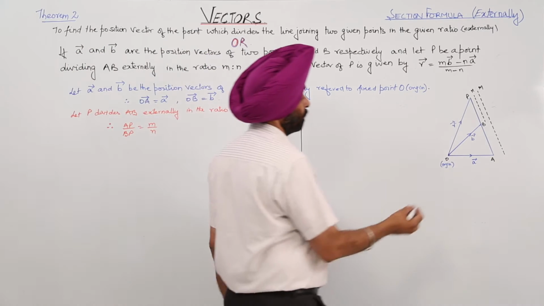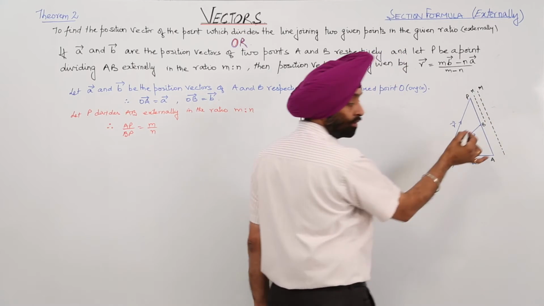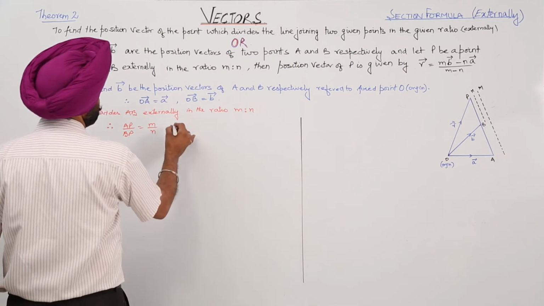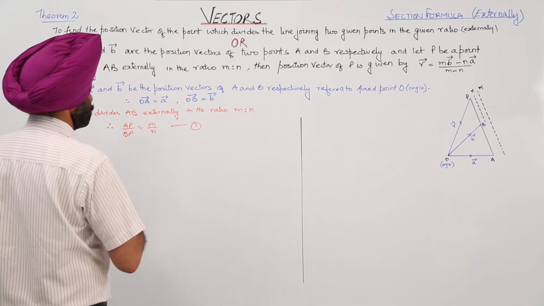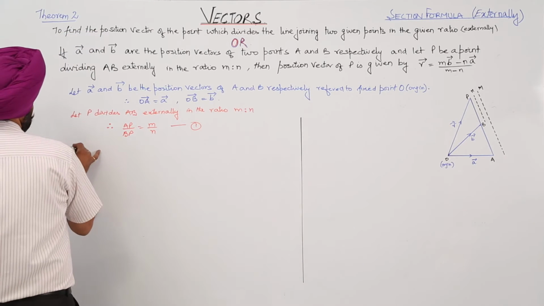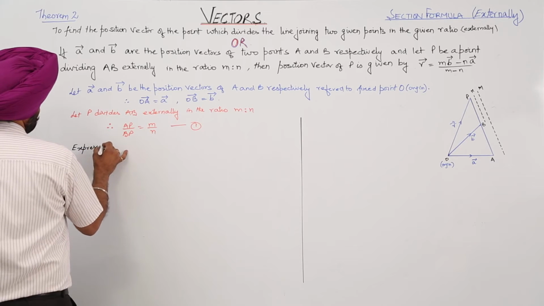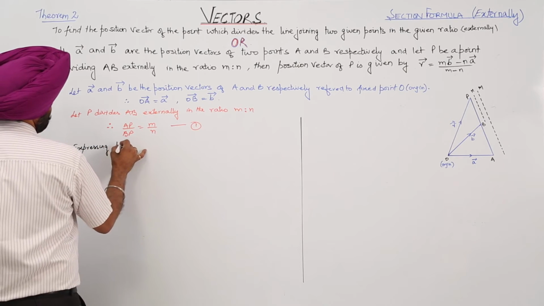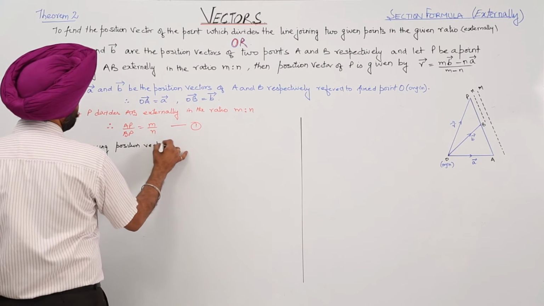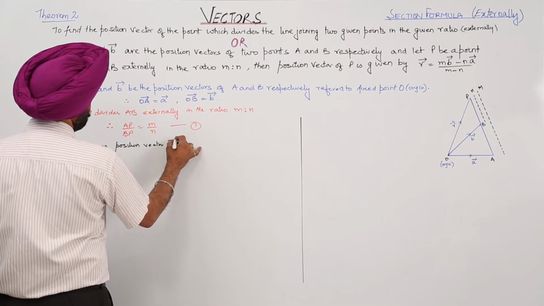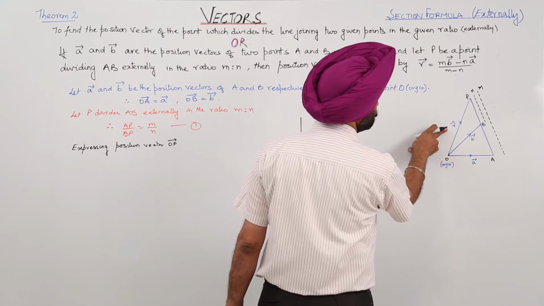Here A to P is by m, and B to P is by ratio n. Now expressing the position vector OP. We have already mentioned in the figure that the position vector OP is vector R.